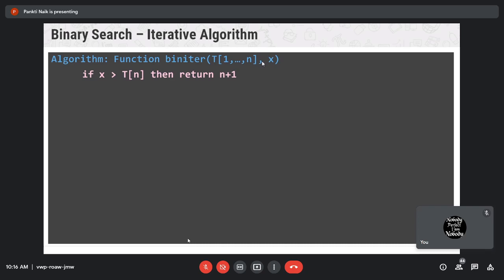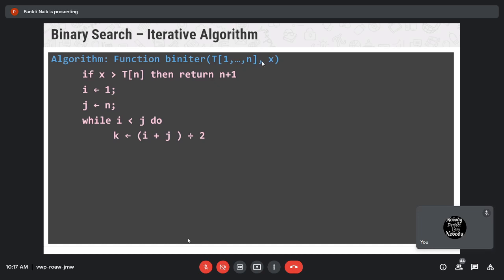It means your key value is not present in the given array. Then set i equals 1, j equals n. Now while i is less than j, this loop is for traversing the array. Now find the midpoint, that is k equals (i plus j) divided by 2: first index plus last index divided by 2.